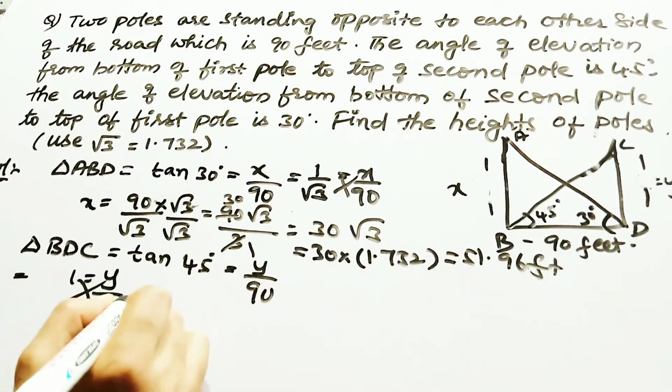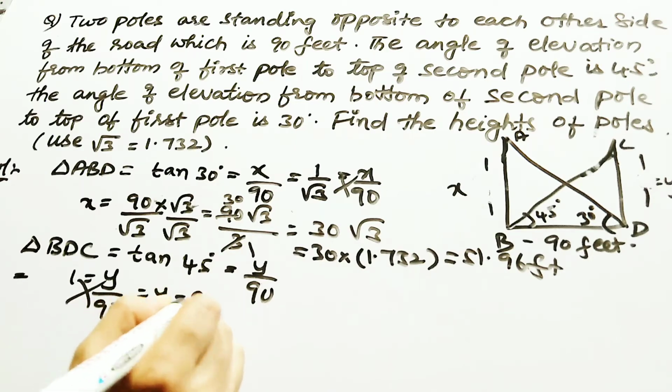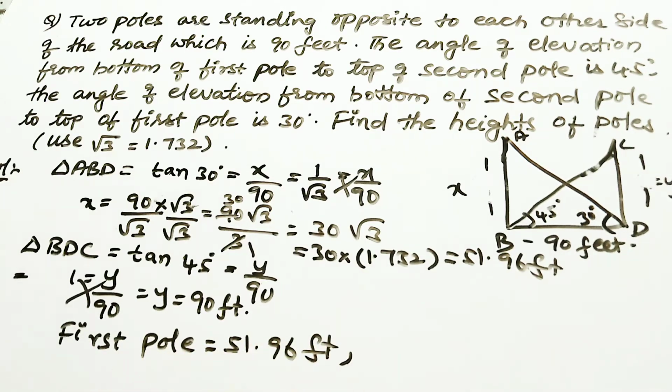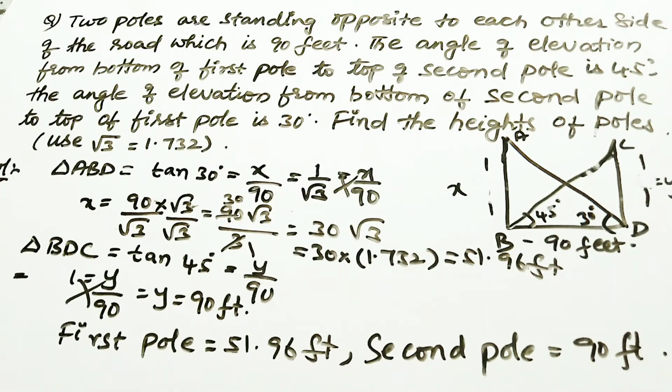Cross multiply it. What will you get? y equal to 90 feet. So the first pole is 51.96 feet and your second pole is 90 feet.